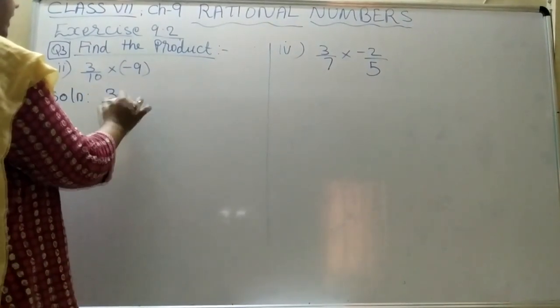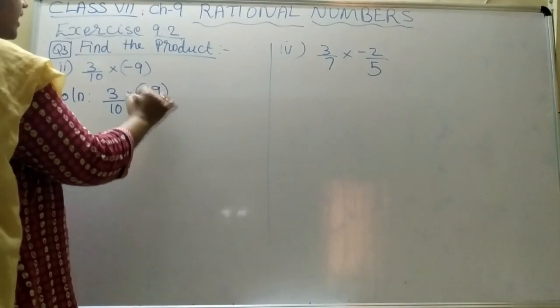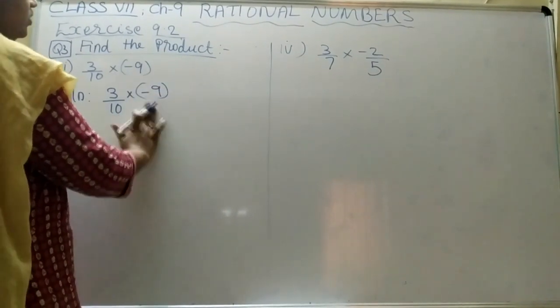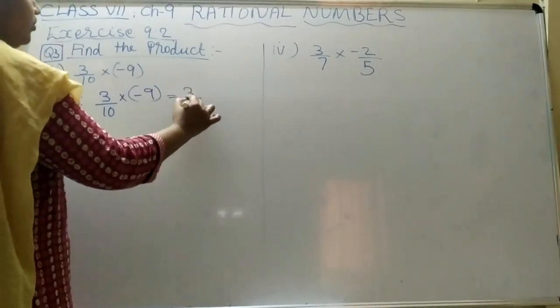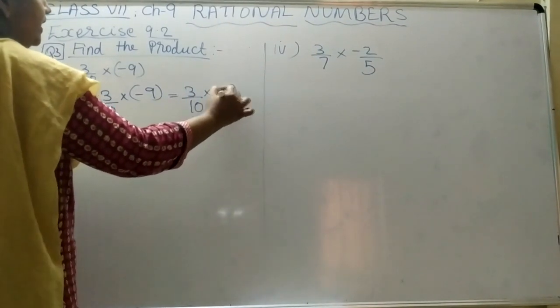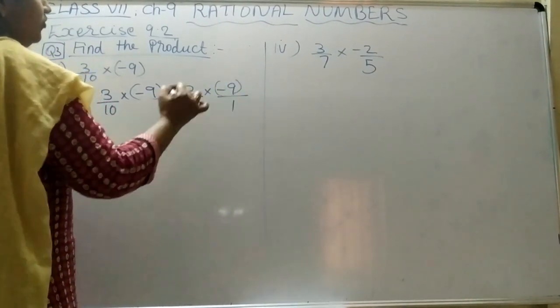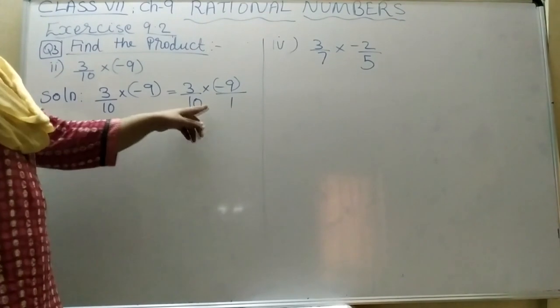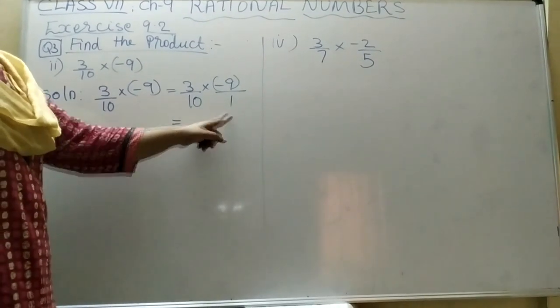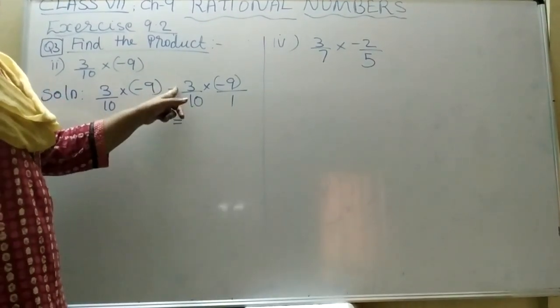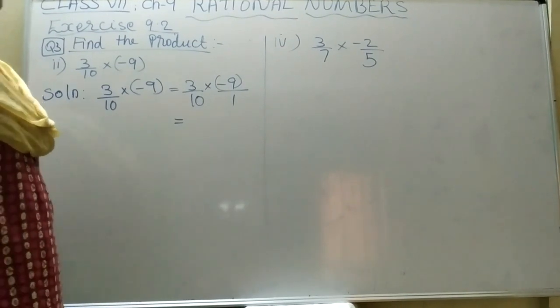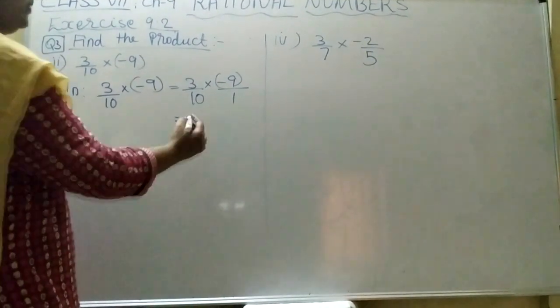3 upon 10 into minus 9 upon 1, or minus 9, equals 3 upon 10 multiplied by minus 9 upon 1. We can apply the rule of multiplication of two rational numbers, that is, multiply the numerators upon multiply the denominators.